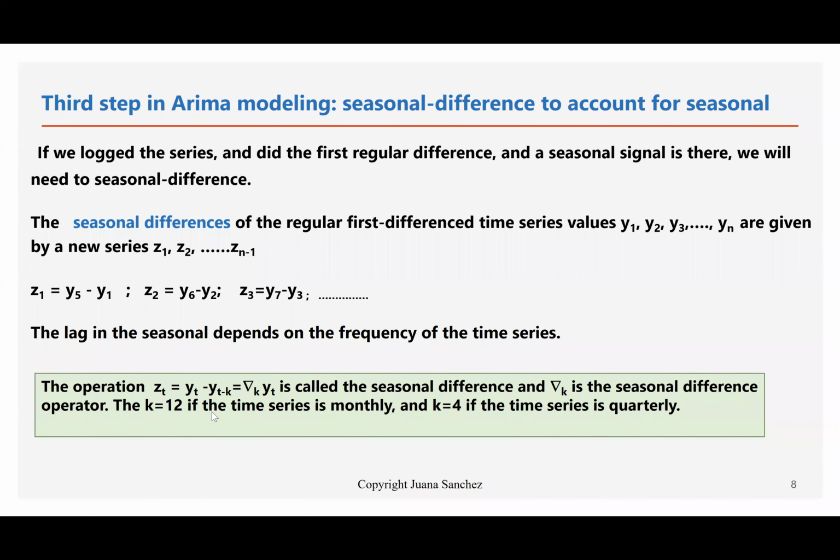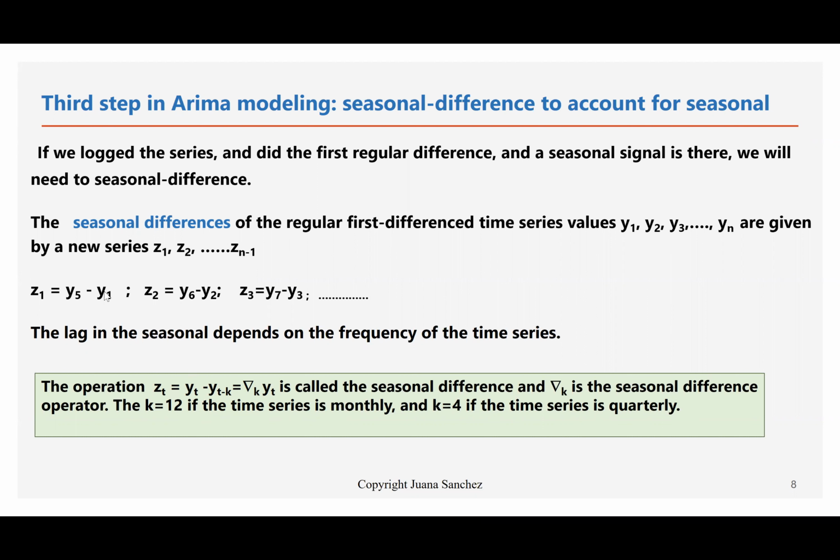So the seasonal differencing operation is going to be the time series Yt minus Yt minus k, where k is the seasonal period, the frequency of the time series. If the time series is monthly, you use 12. If it's quarterly, we use 4.